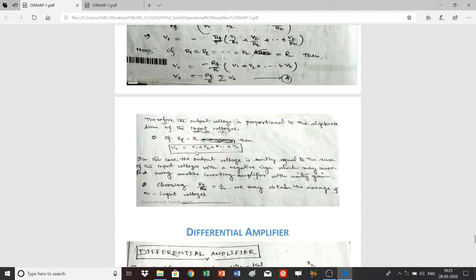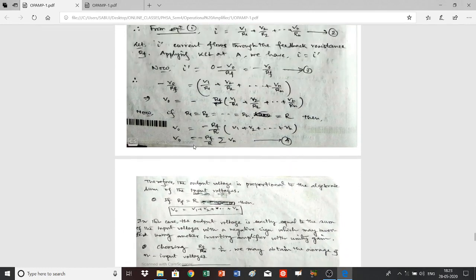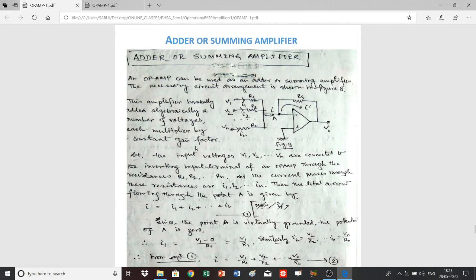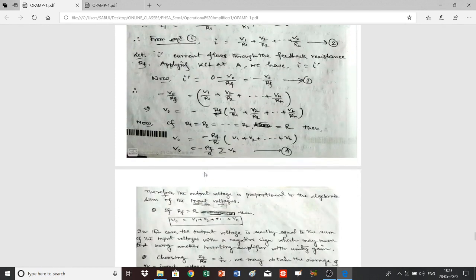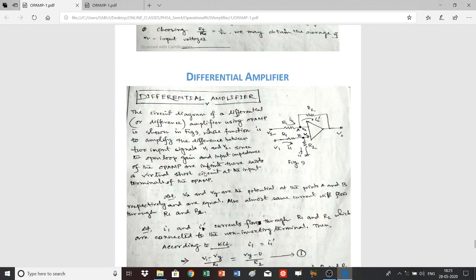You notice here that there is a negative sign. Why does the negative sign arise? Because you have applied the input voltages to the inverting input of the amplifier. That's why the output voltage will be out of phase with the input voltages. So the negative sign arises. Now we come to the differential amplifier.